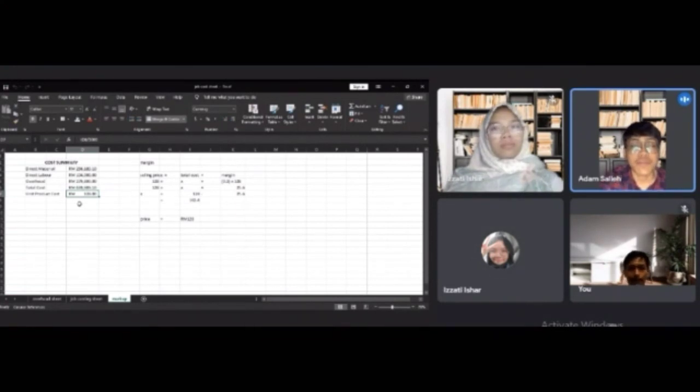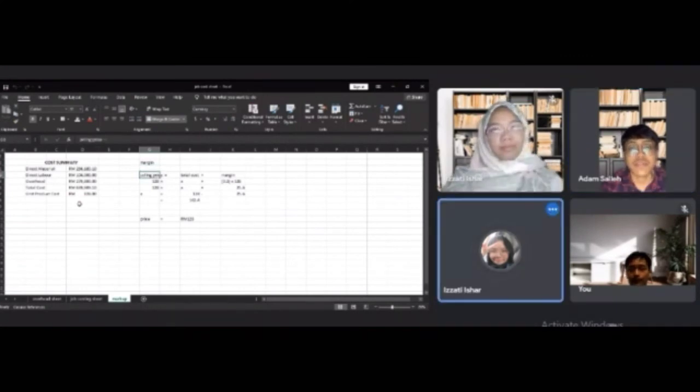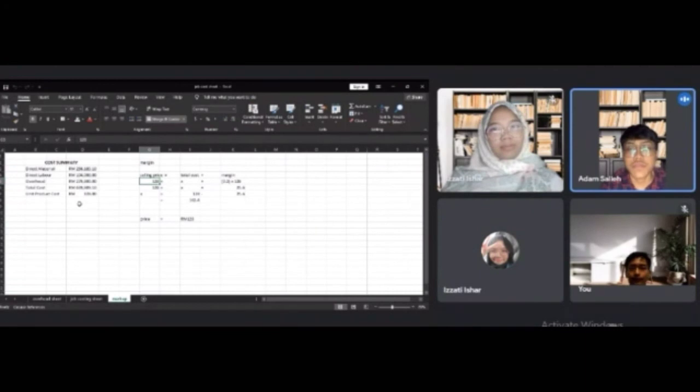Okay, for the margin, the formula is selling price equals total cost plus margin. So why did we choose margin? Because with margin we get a cheaper price than markup, so customers will choose our product because of that price.